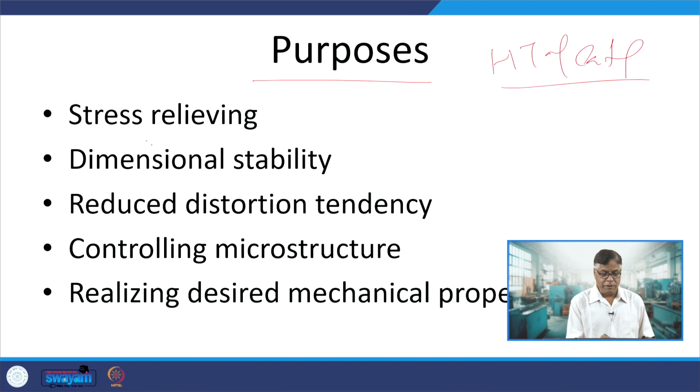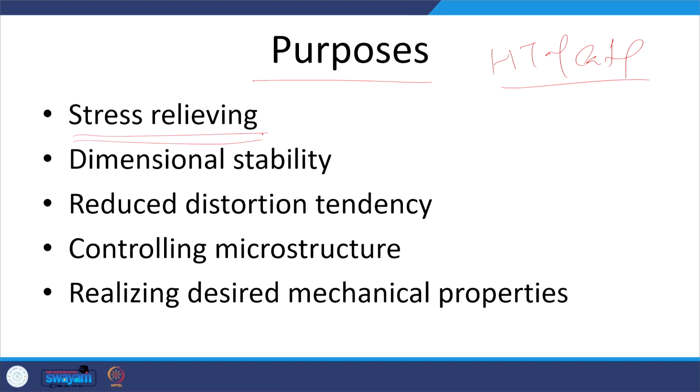Okay, so we can get the stress relieving. Stresses can get relieved, so that reduces the distortion tendency during the machining, reduces the cracking tendency, as well as it also helps in improving the mechanical performance of the castings, because whenever the residual stresses are present, they negatively impact the mechanical performance, especially fatigue resistance and the tensile strength of the casting.